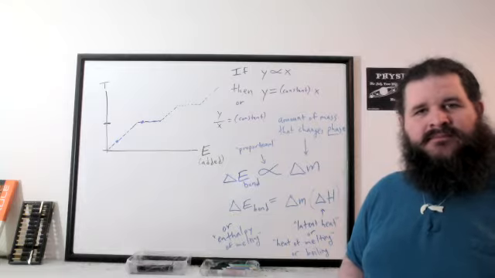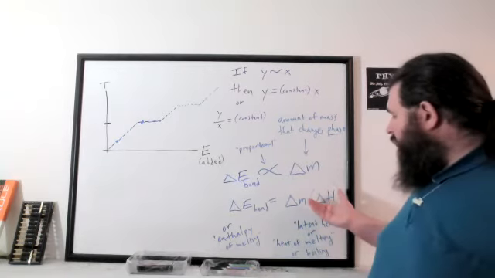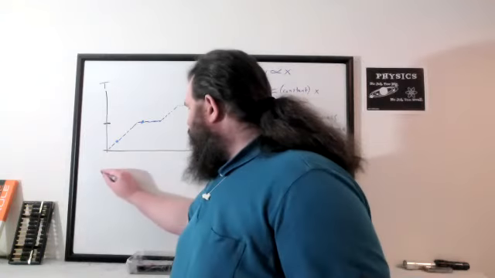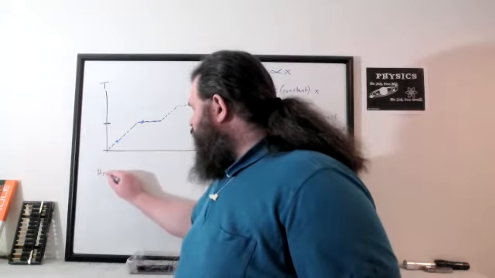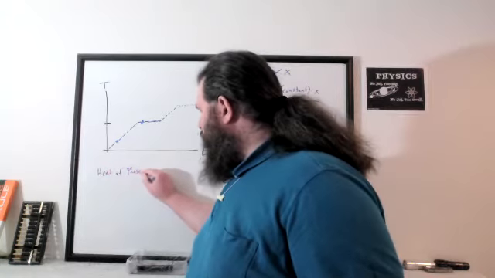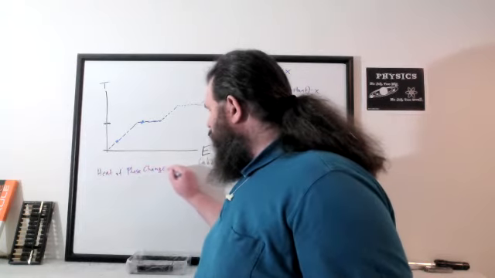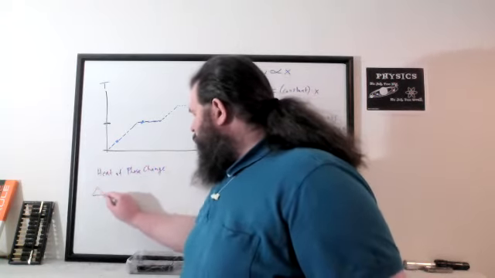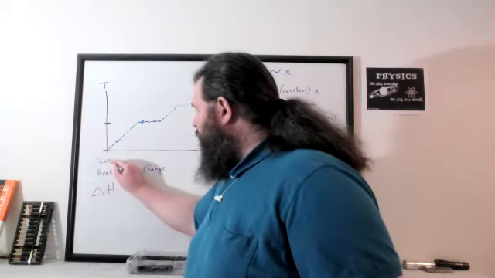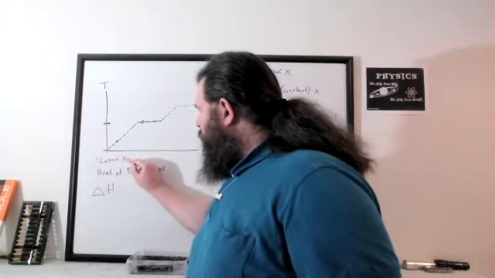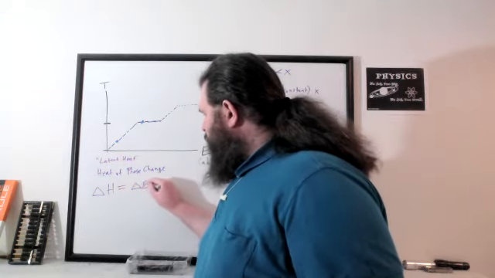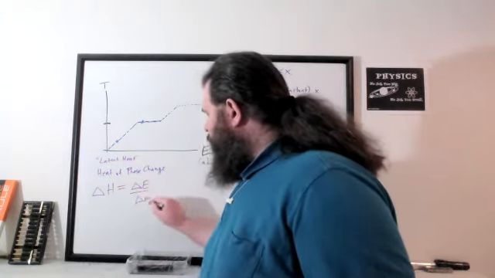Divide by delta M. Yeah, we can literally solve for delta H by just dividing by delta M. So this heat of melting or enthalpy of melting, I'm going to say heat of phase change, because it could be from melting or boiling. Delta H, or latent heat in some textbooks, is delta E divided by delta M.